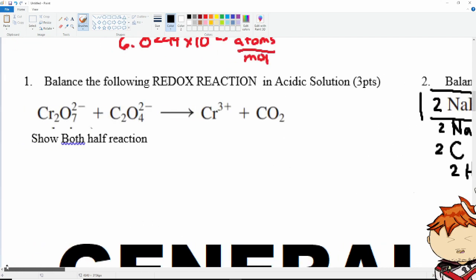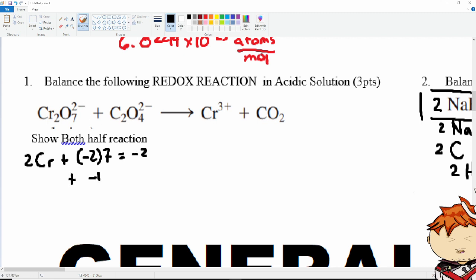Okay, that felt so good. Alright. Redox reaction. So when we're talking about redox reaction, we check the ions first, right? So chromium, we don't know the chromium here, so 2Cr, plus the oxygen is -2 times 7 is equal to the total charge, which is -2.